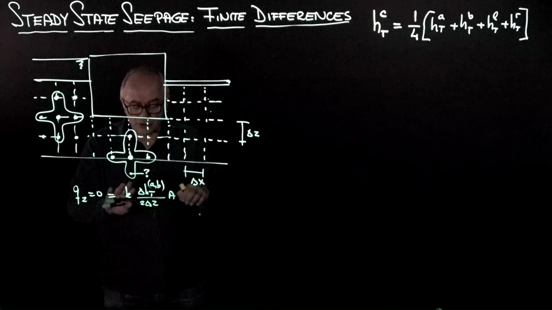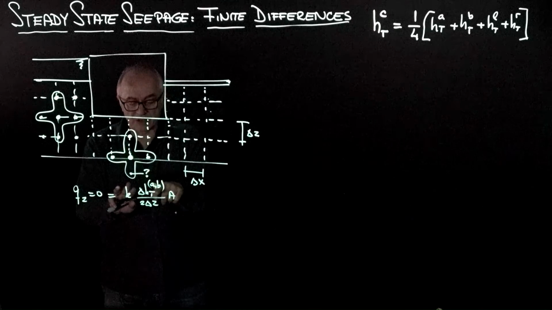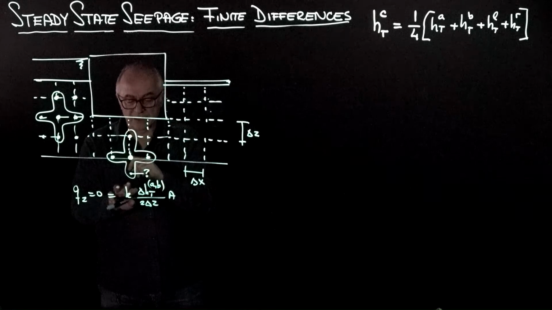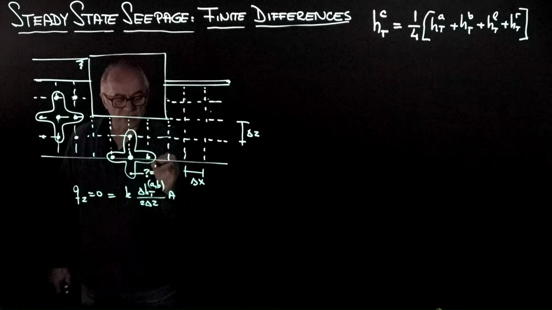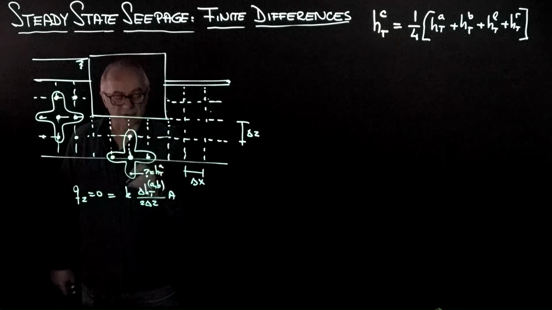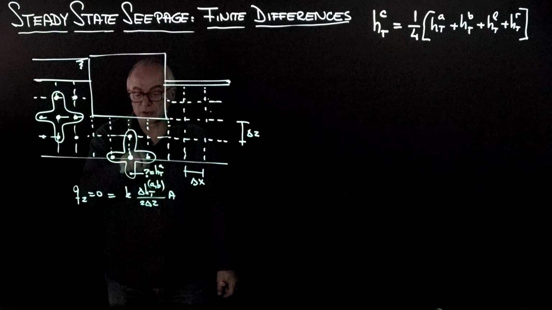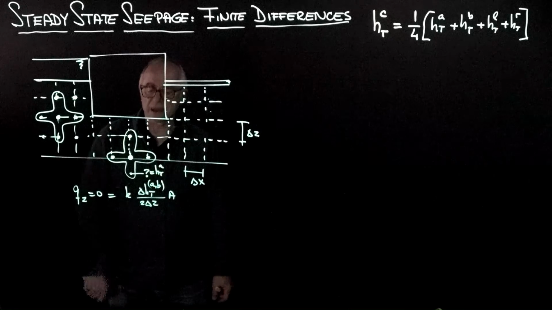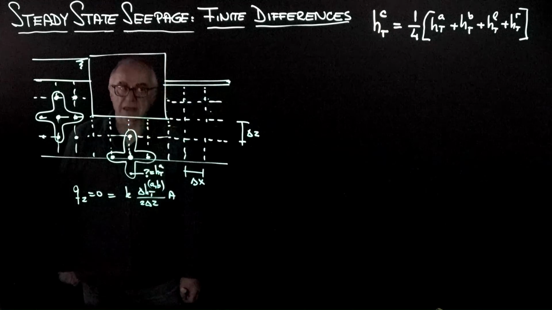But what we're going to do is artificially say that there is no flow across this boundary because the total head above and on this fictitious point are the same. So what I actually do is I create a fictitious point which is equal to h total above. In other words, when I come to compute the total head at this point, I'm going to have h total to the left, h total to the right, plus 2 h total above, divided by 4, because this fictitious point has the same value as the one above.